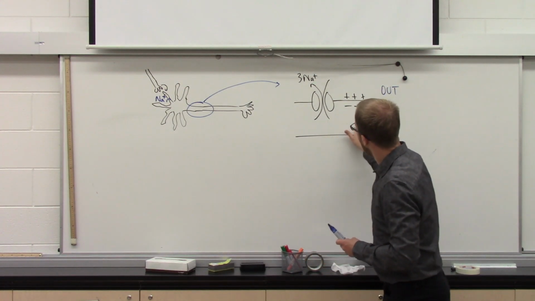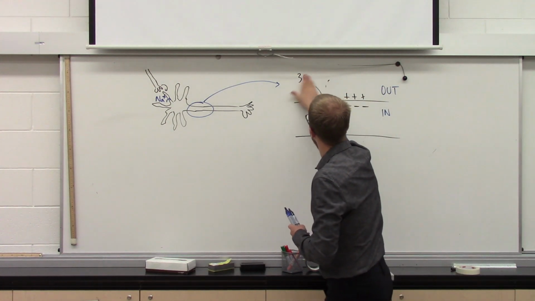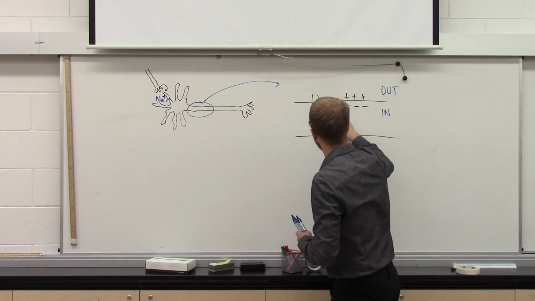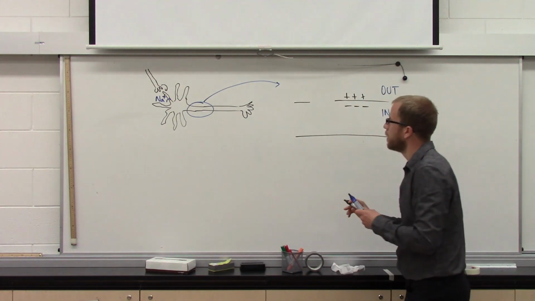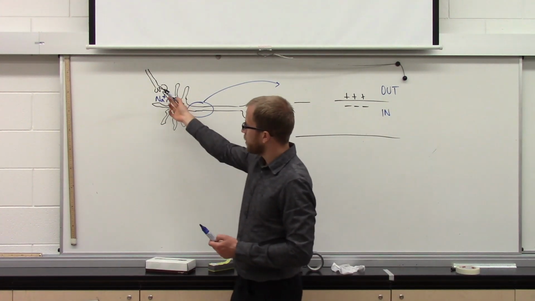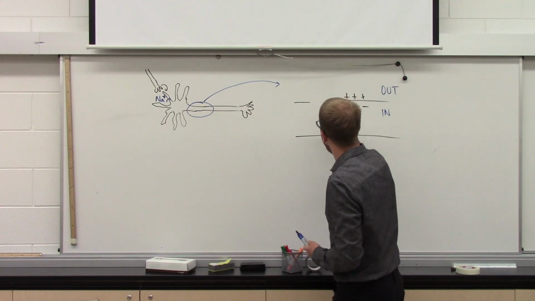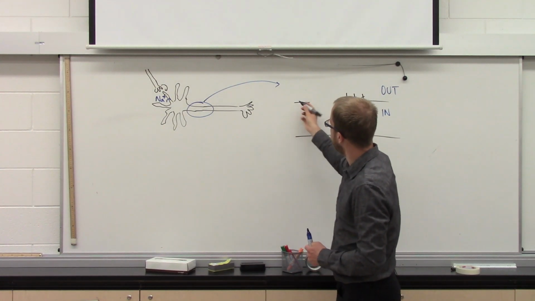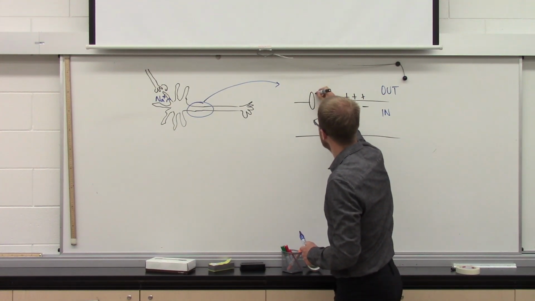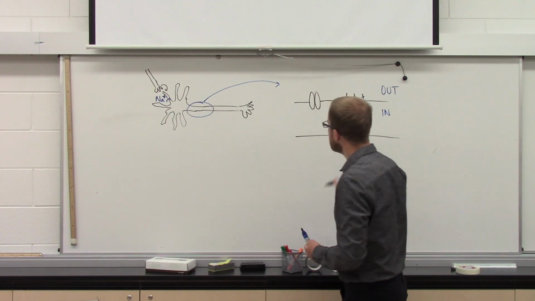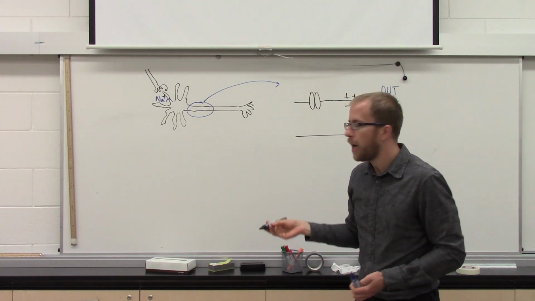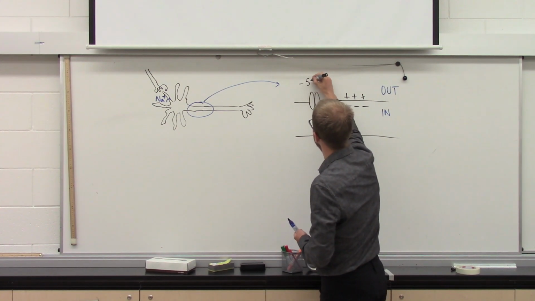Well, it's going to look like this. So our dendrite has received a signal, sodium begins to rush in. Now, let's say that the voltage by this sodium channel here reaches the threshold value of negative 55 millivolts, right?